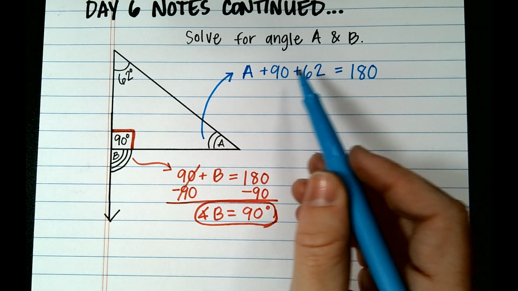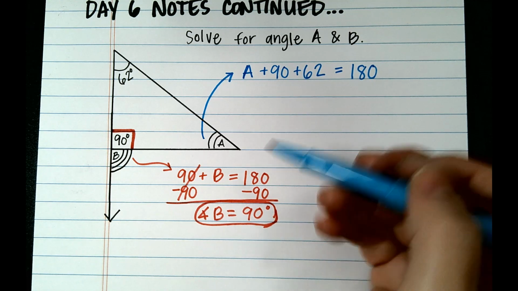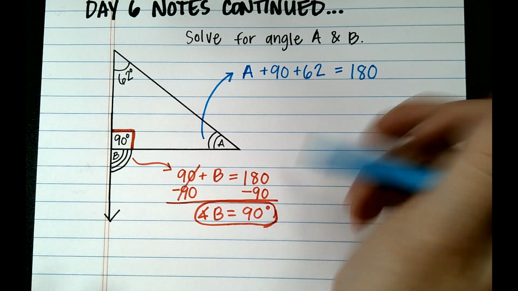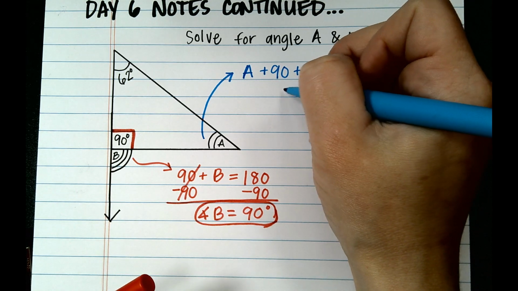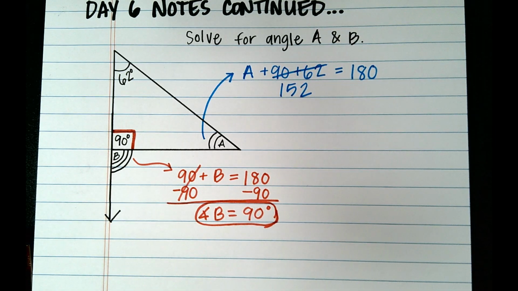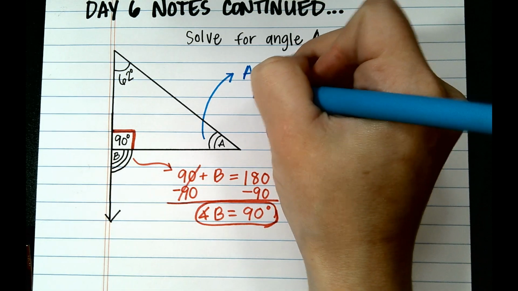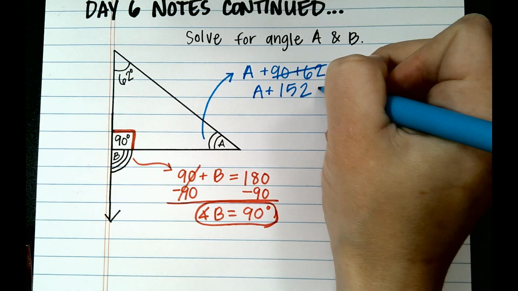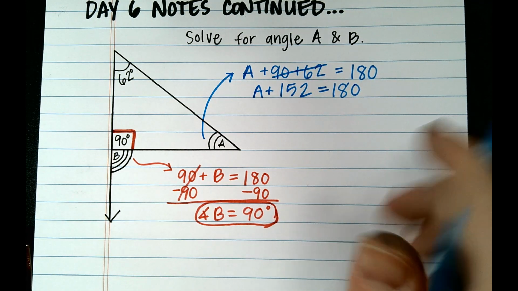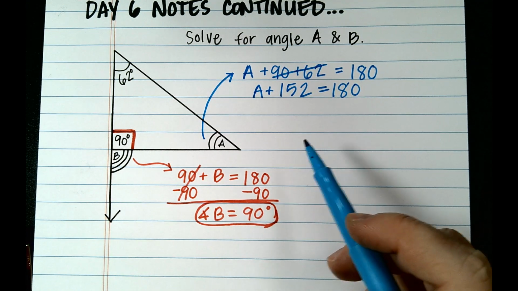You said we're gonna add 90 and 62 together, right? So let's do that. What is 90 plus 62? 152. Okay, so now we have A plus 152 equals 180. Now you subtract from both sides.